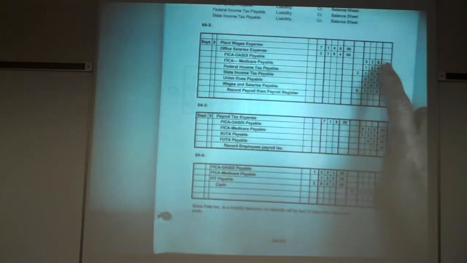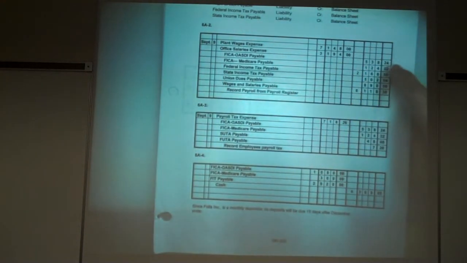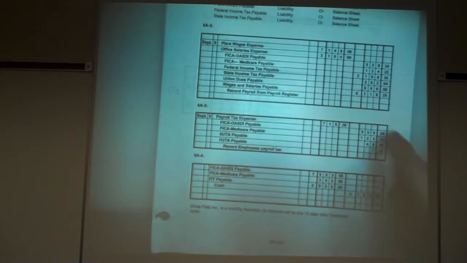Because if you looked at your T account, we have this amount posted once, and then we have it posted twice. Employee, employer. Now, I probably won't have you post on the test, so if you're not posting, you might have to just do your T account so that you know, or add those two. You know when you're paying it, it has to be double the amount for the OASDI and the Medicare.